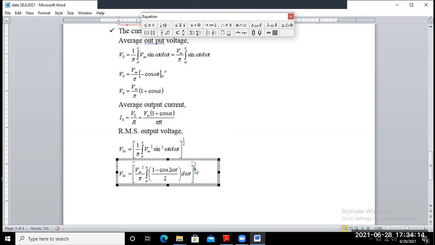So just integrate this one and simplify, then you will get the value of the output RMS value.